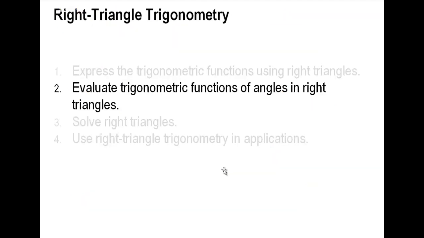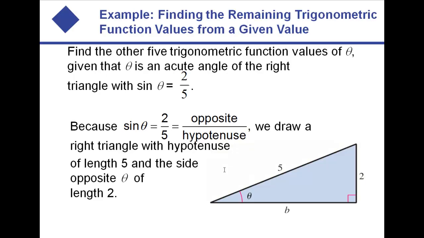The next concept is evaluating different trig functions. We can find the other 5 trig functions given some angle theta, given that sine of theta equals 2/5. We've seen these types of questions before. We know that if sine of theta gives us 2/5 and sine of theta is opposite over hypotenuse, then we draw our triangle and label it opposite over hypotenuse.